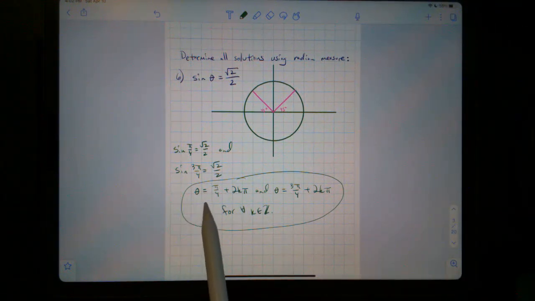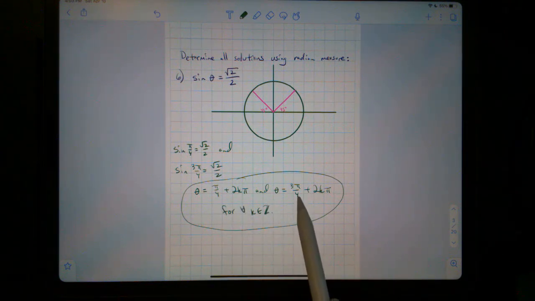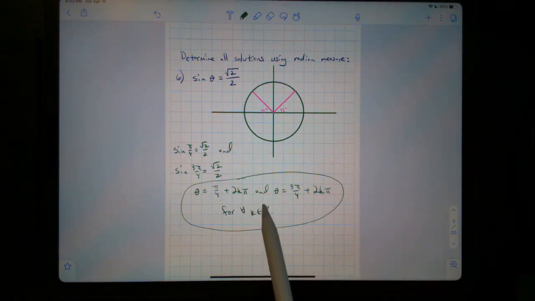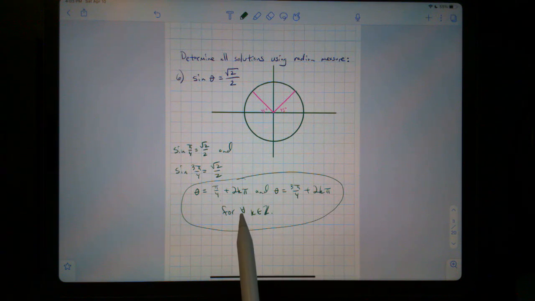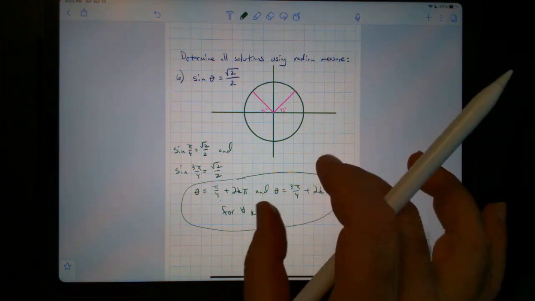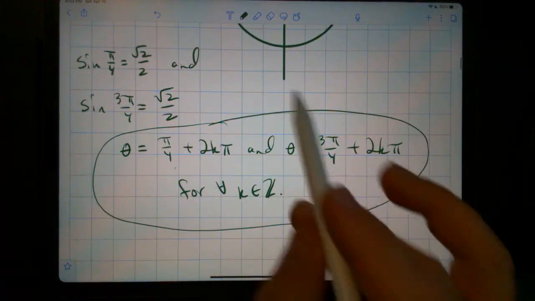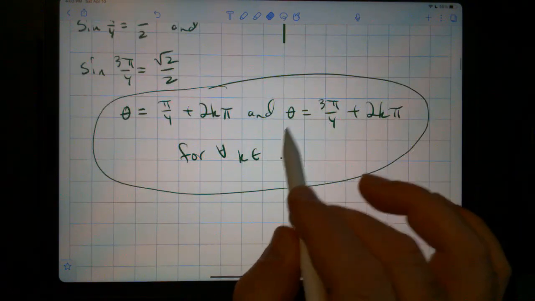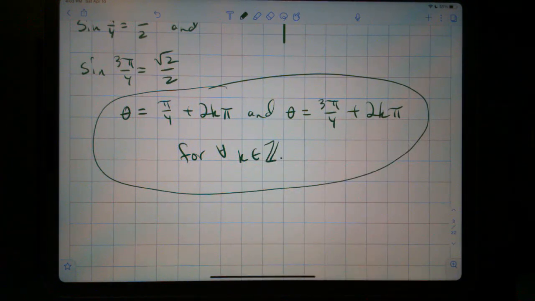So we have theta equals pi over 4 plus 2k pi, and theta equals 3 pi over 4 plus 2k pi for all k in Z. Z are your integers. Never really could make that bold-faced Z very well.